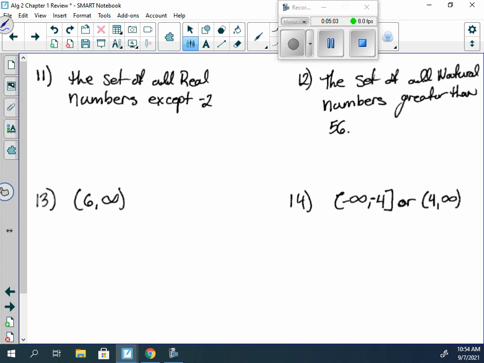The set of all natural numbers greater than 56. So the set of all real numbers x, well, that's what we would normally say, but natural numbers, what is our symbol for natural numbers? N with 2 bars. Such that, what?